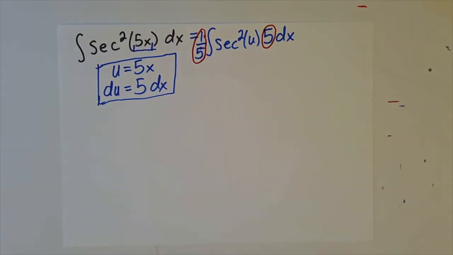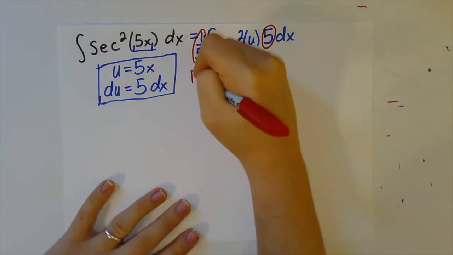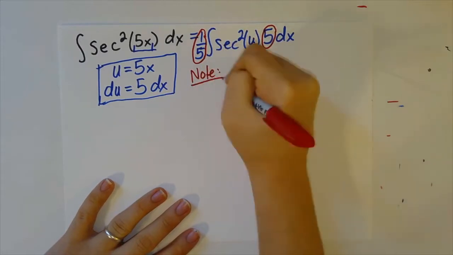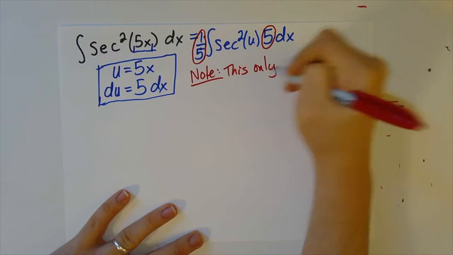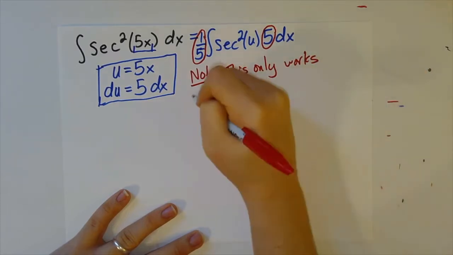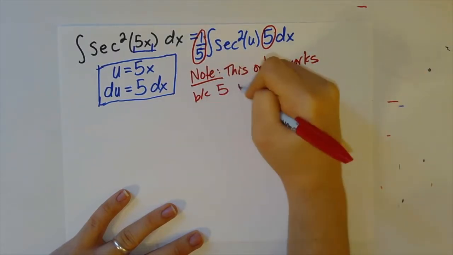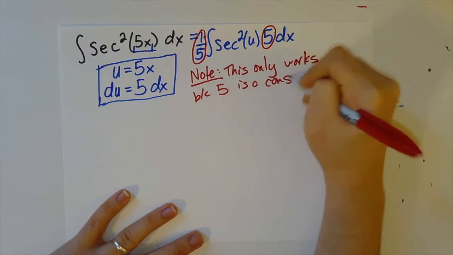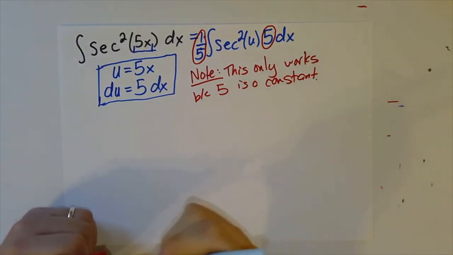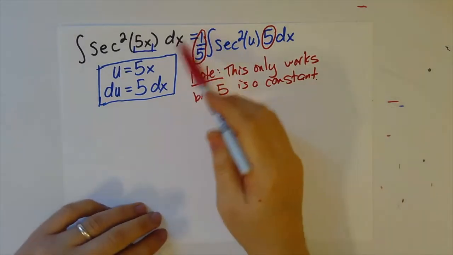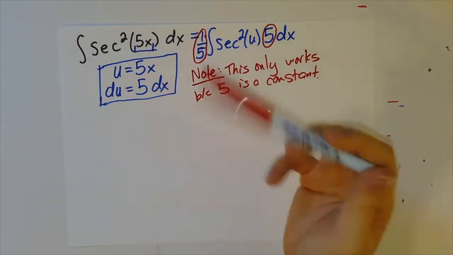I'll note, because this is important, this only works because 5 is a constant. So don't try this if you need an x squared and you don't have an x squared. You can't just multiply by 1 over x squared outside of the integral.